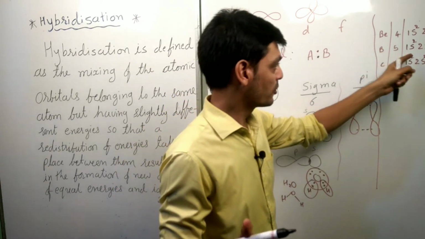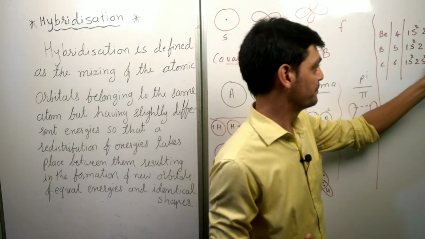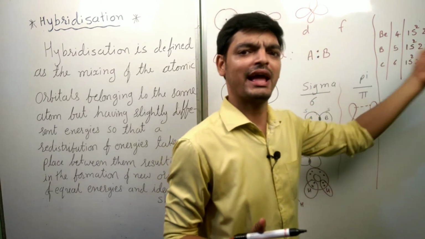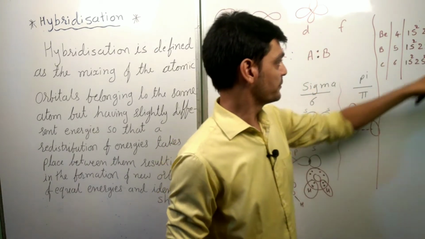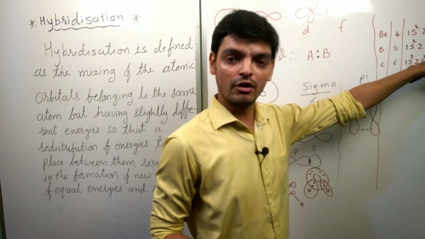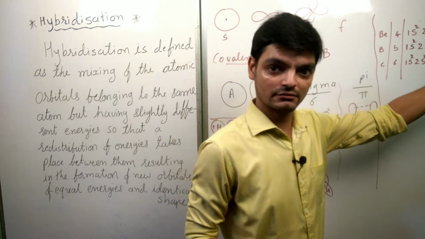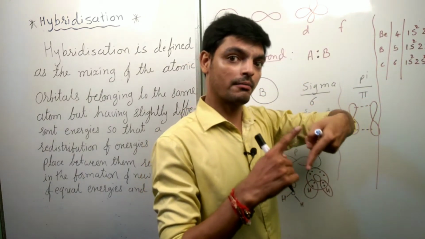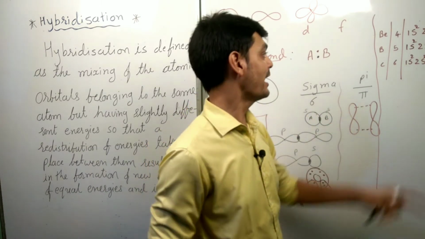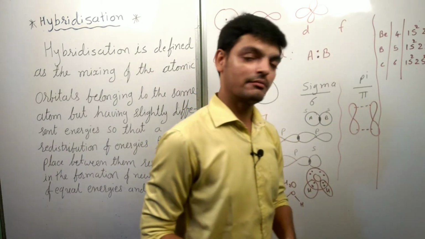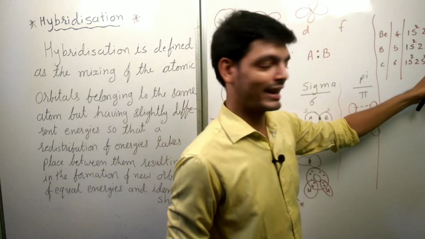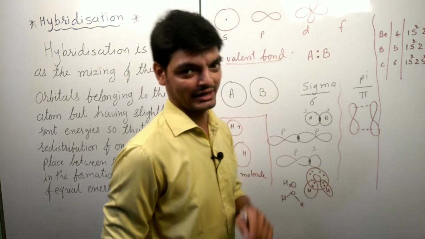In boron we can say the p orbital is px1, so one p can form a bond with another one to make a pair, and in carbon we can say that covalency is 2, but it is not like that.